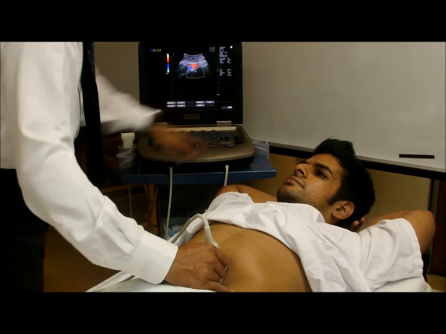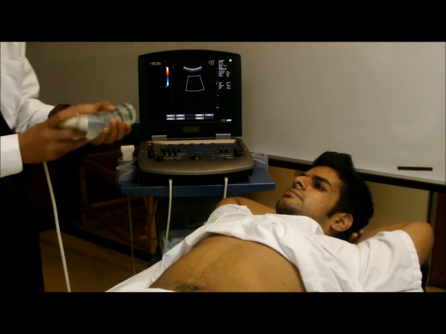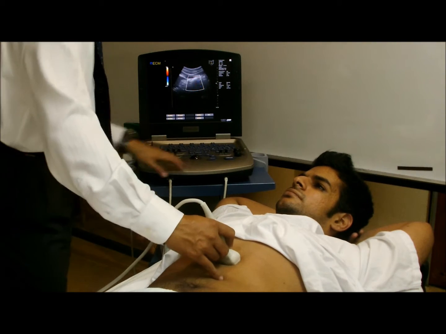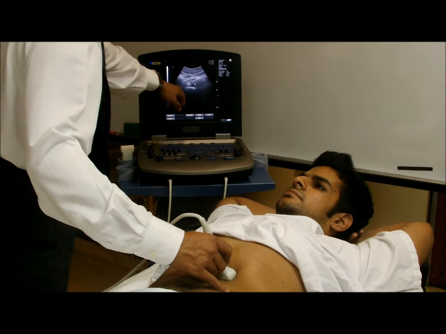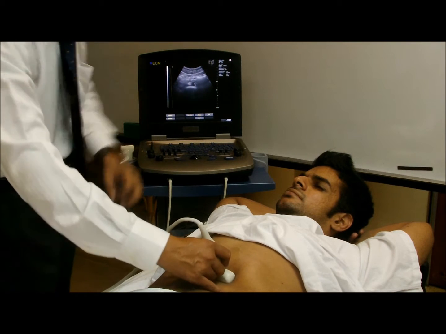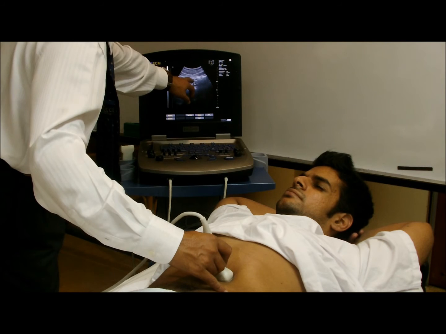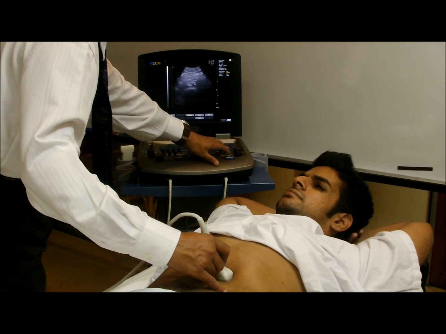Alright, so that is the aorta. You can also take a look at the pancreas. If you suspect acute pancreatitis, straight away put it in the middle over here, and try to locate the same thing from the aorta. If you move upwards, you will find a small pulsatile structure there. That is your superior mesenteric artery. Next to it will be the splenic vein. It's a little bit like a tadpole, and that will be your head of pancreas.